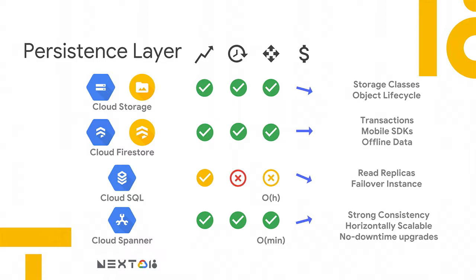Now, if you look at scalability for Cloud SQL, you can upsize your Cloud SQL instance, so you can scale it vertically. You can jump between different instance sizes, but they are at some point capped, right?